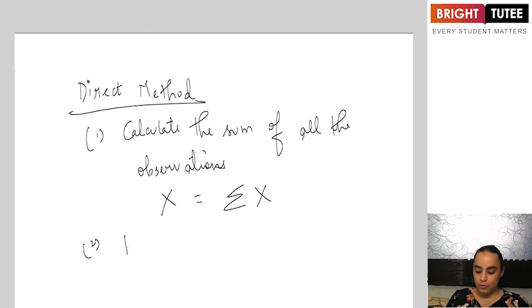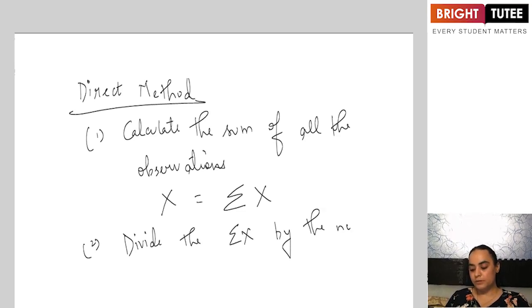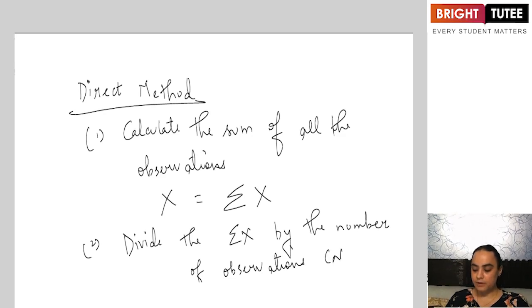And then I am going to divide the sum of X by the number of observations, which is represented by the number n.